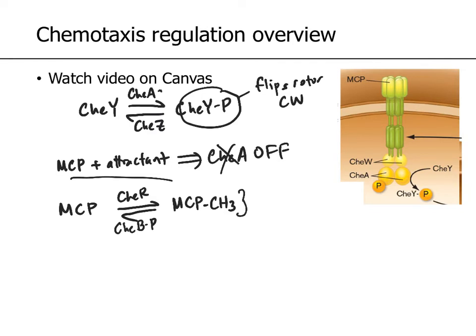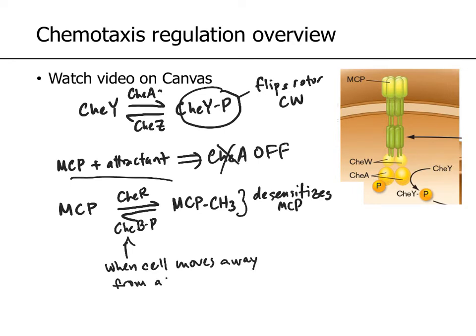When it's in this form, it desensitizes the MCP, and this reaction here happens when the cell moves away from the attractant. So it needs a higher concentration of the attractant in the cell for it to bind to that top portion of the MCP here.